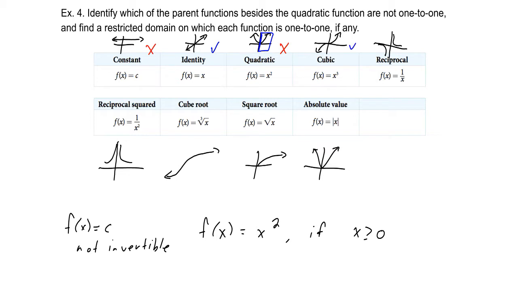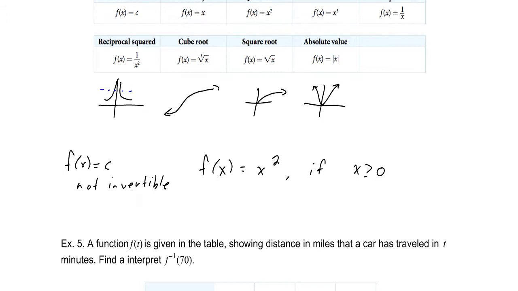The same with the reciprocal function. The reciprocal squared, I could draw a horizontal line right here, cross twice. So let's go ahead and mark that. 1 over x squared. And similar to the quadratic function, this is one-to-one if x is greater than or equal to 0, if we only consider the right half of that function.